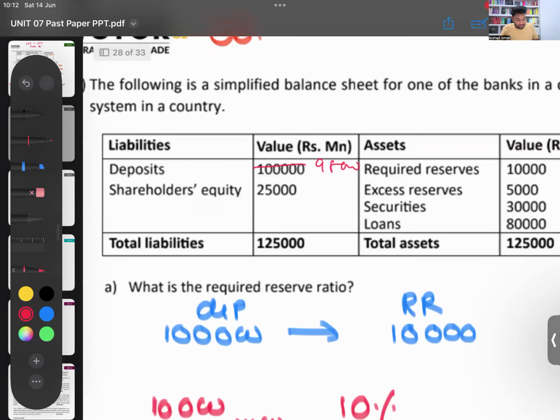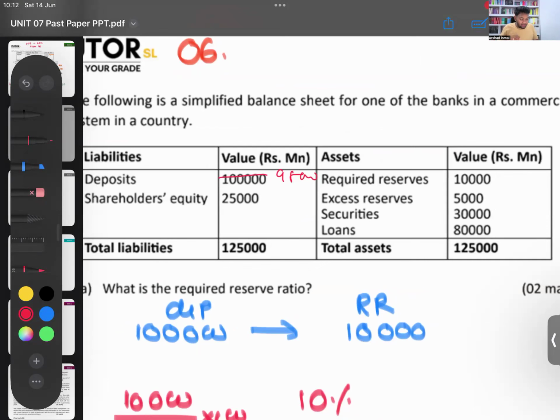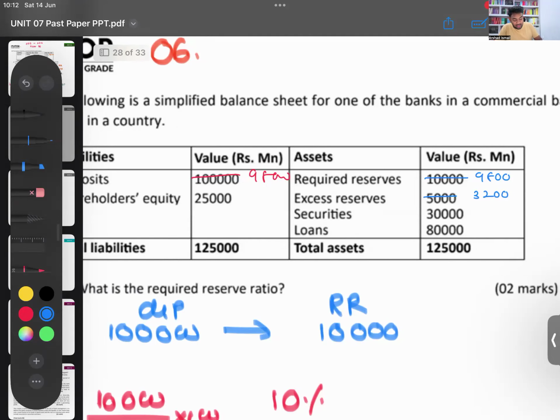Along with that, a 2,000 reduction on this side means there has to be a 2,000 reduction on this side. So how did that reduction happen? This 10,000 became 9,800, right? 10%. This fell by 200. This became 3,200. This fell by 1,800. And that is your new reserves figures.